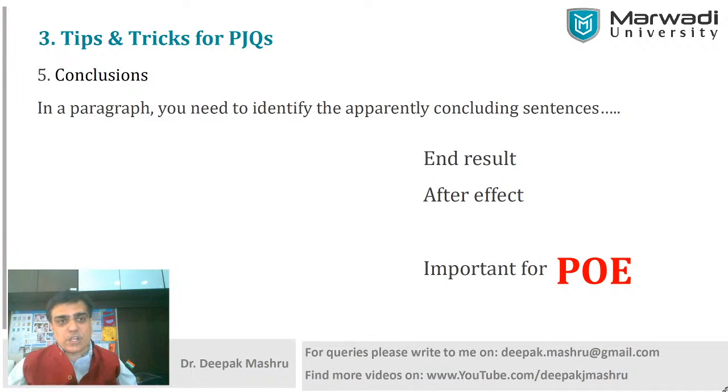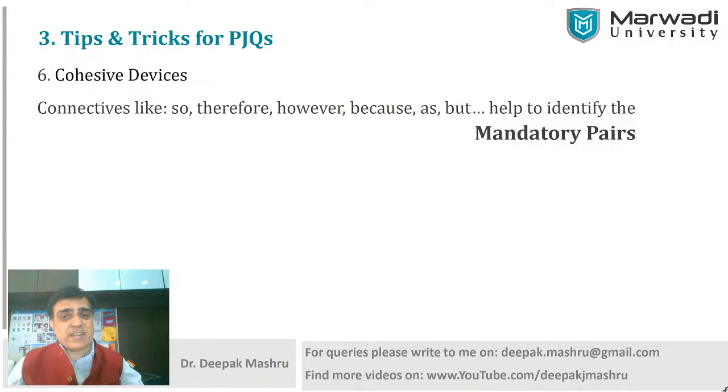Fine. Okay, so after conclusion, we can find out coercive devices. Coercive devices, we call them connecting words or keywords. These keywords help you a lot to find a mandatory pair. For example, there are two sentences, and one sentence has been broken in two, and it starts with "so".